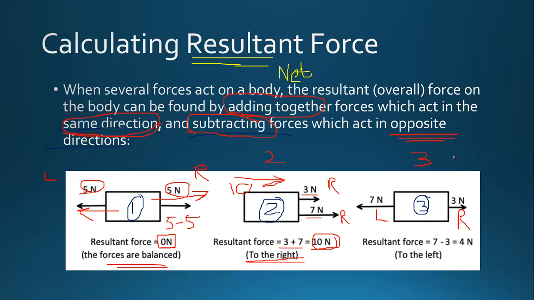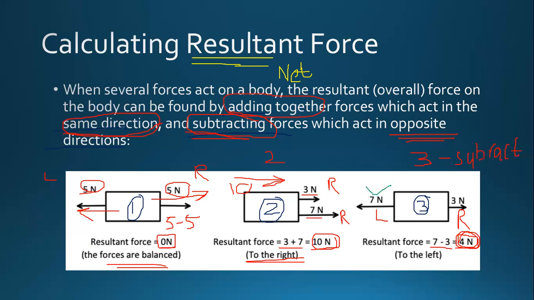तो मैं क्या करूंगा? I am going to subtract because both the forces are in opposite direction and we subtract the forces which act in opposite direction. तो मैं क्या करूंगा? 7 minus 3. अब आंसर जो मेरे पास आया, the answer is 4 Newton. Now how do I determine the direction of my answer? जो मेरा आंसर आया है that is 4 Newton by subtracting both the forces, leftward forces minus the rightward forces. अब डायरेक्शन कैसे पता करूंगा कि whether it's left or right, which one of the forces is a larger force?